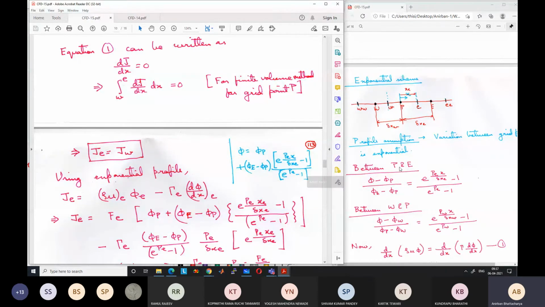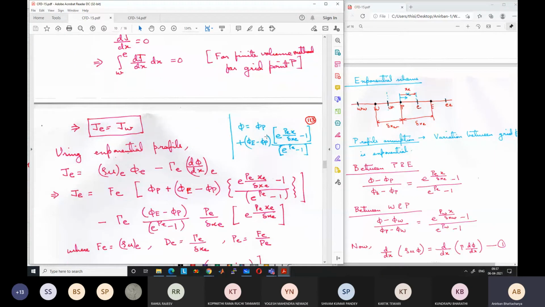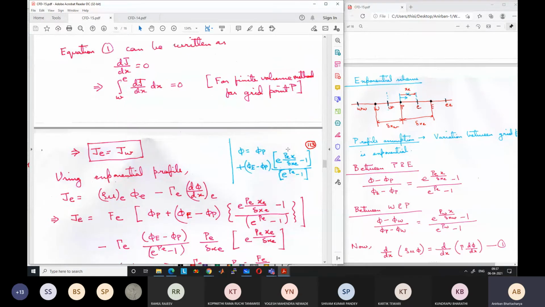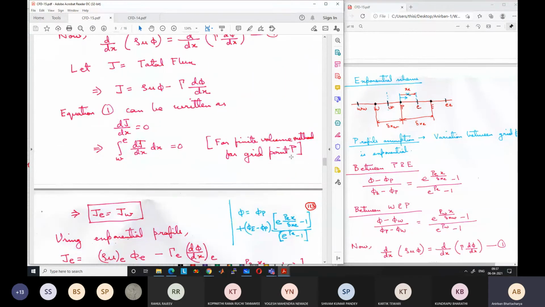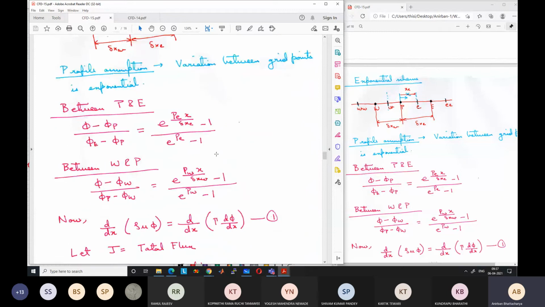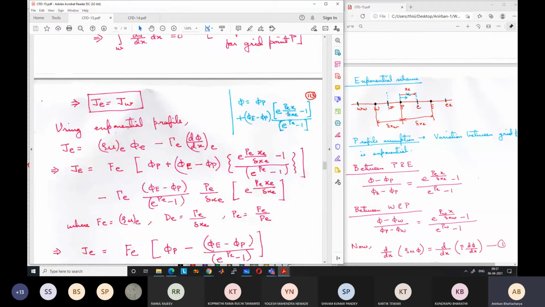This is the value of phi. So at the east interface, we can find phi if we replace this x by xe, the value of x at the east interface.